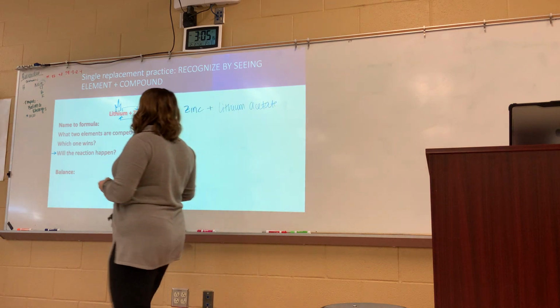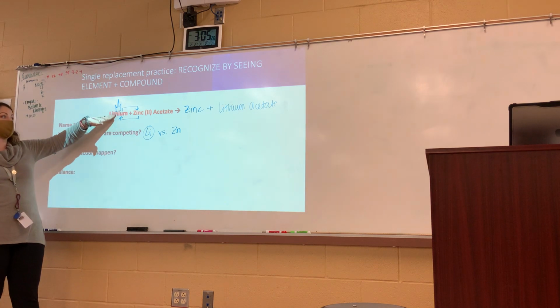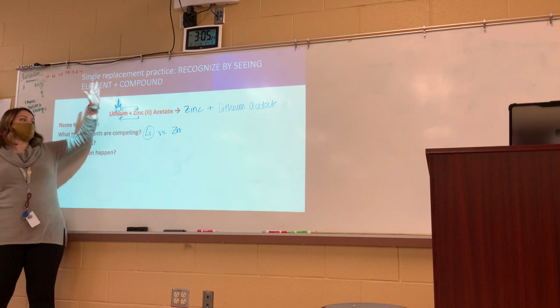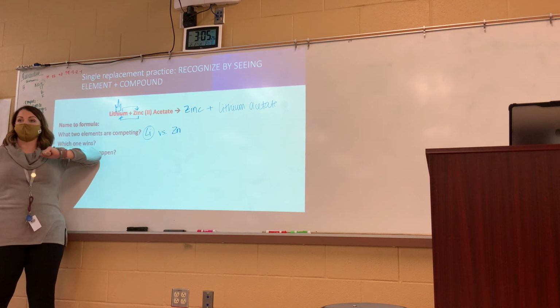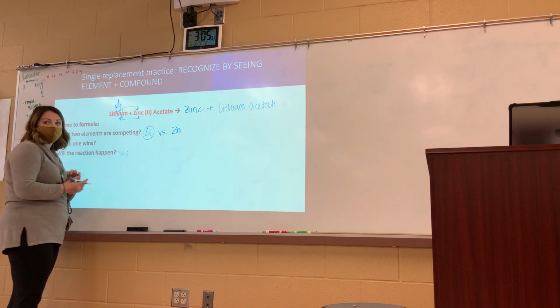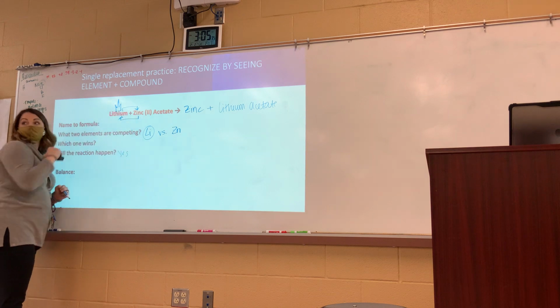So the big question is, will the reaction happen? You can determine that by saying, is lithium or is zinc the winner? Lithium's the winner, so lithium is going to beat zinc out of that compound. So the reaction will happen. The reaction only happens if this one is better than this one.